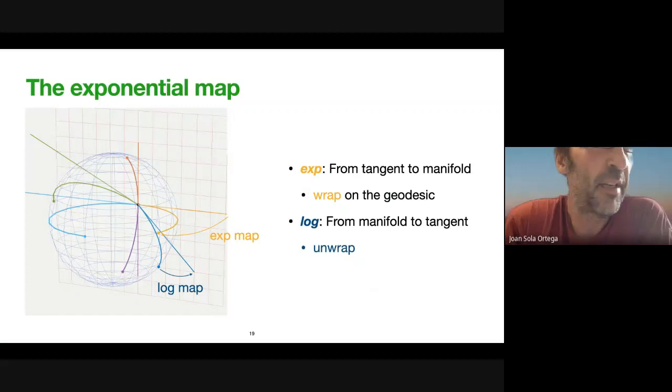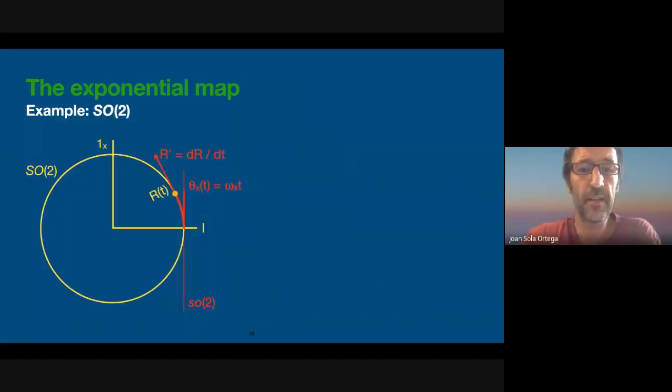There will be weird elements such as imaginary numbers or skew symmetric matrices, which can be represented as plain Cartesian vectors. Okay, and there is a clear transformation from one to the other. We can transform tangent elements to group elements with the exponential map, and we can do the opposite operation with the logarithmic map.